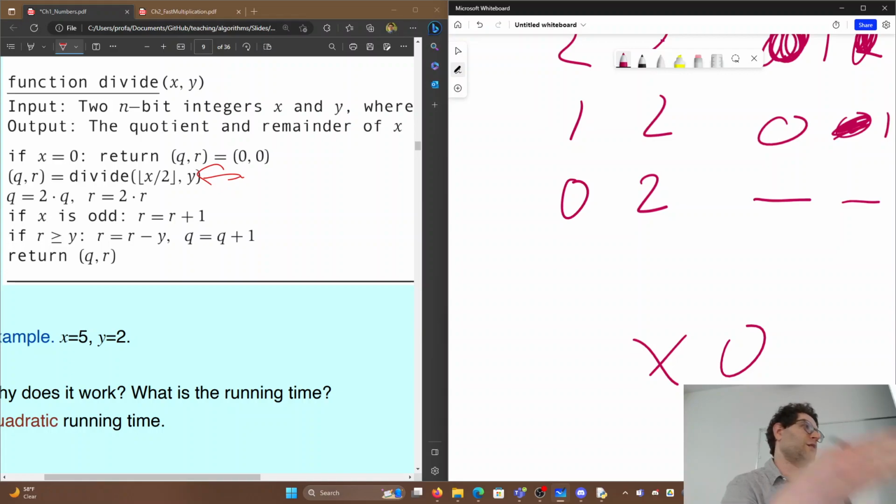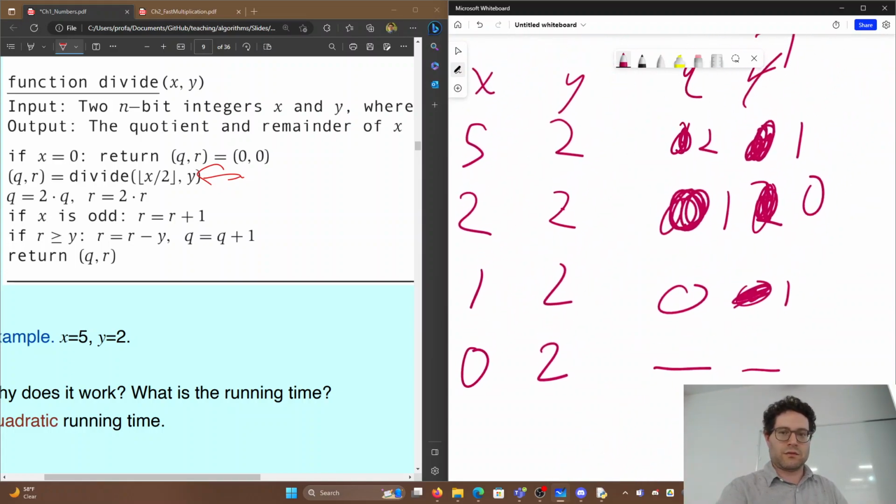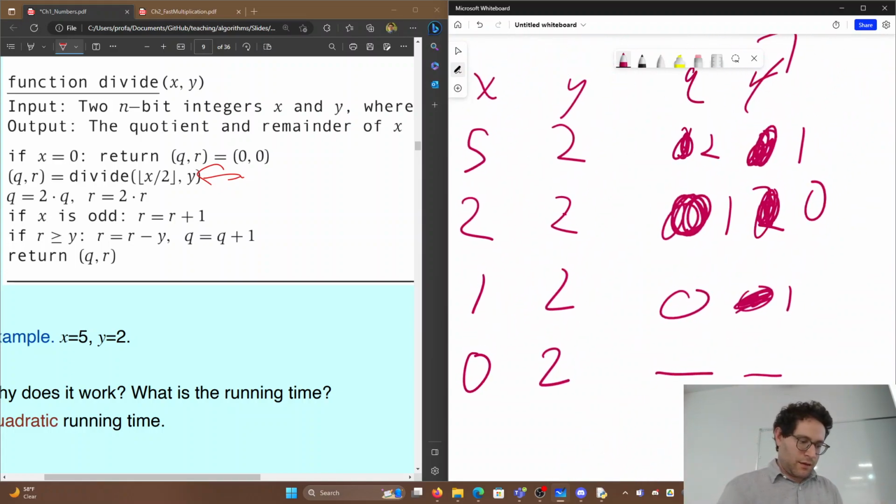So we don't have to figure out what those are. Those are O of n operations. And how many of those do you have to do? Well, you have to do n operations, each of which are O of n time.